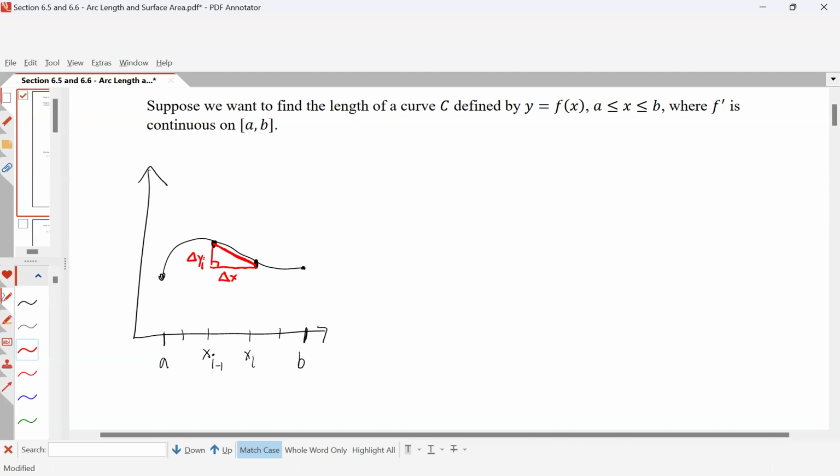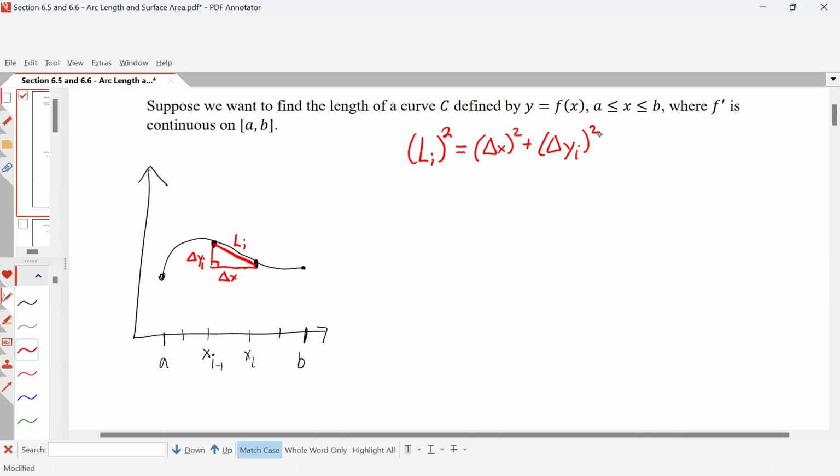That's going to vary depending on the interval, but it's going to be some small little change in y. So this line segment, we're going to call L sub i, and set up with the Pythagorean theorem, the length that we're trying to estimate is the change in x squared plus the change in y squared.